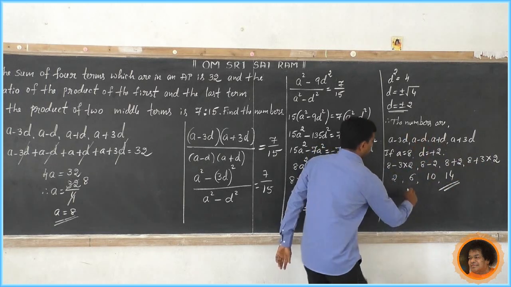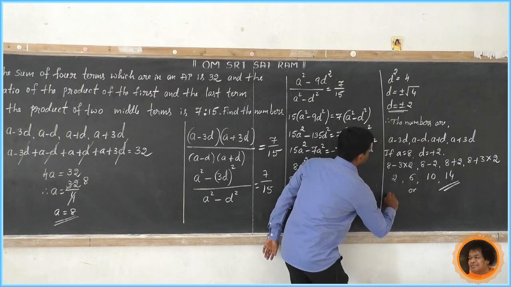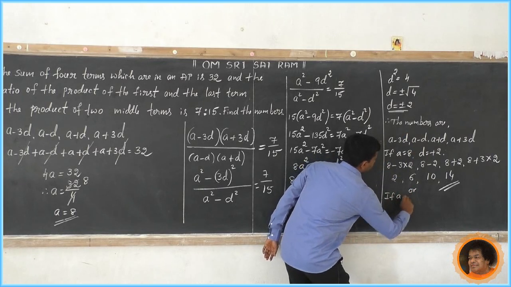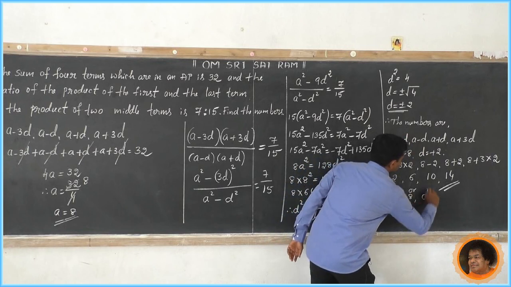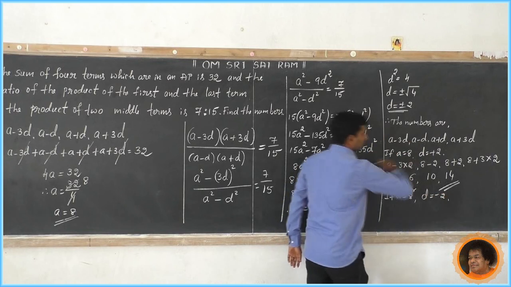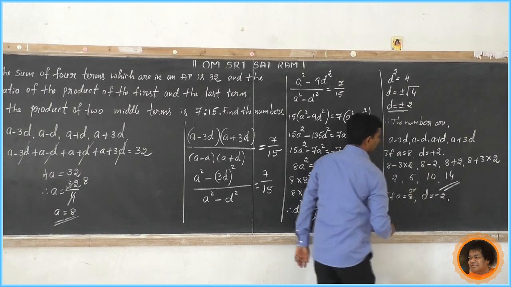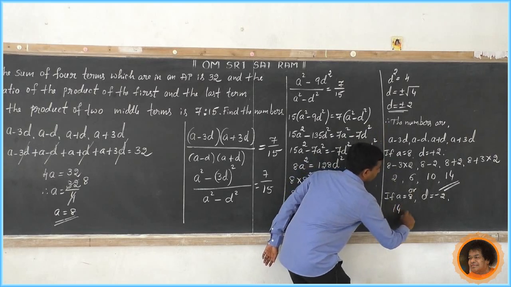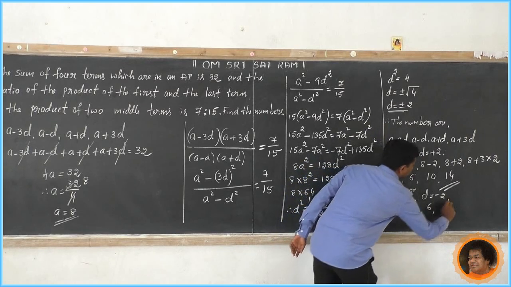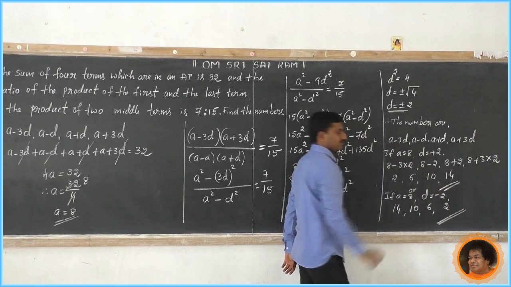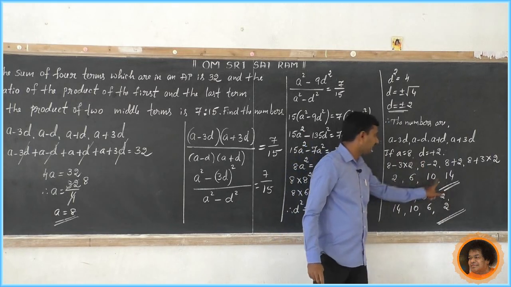Or one more possibility: if a equals 8 and d equals minus 2, when we substitute the values in these terms, we will get 14, 10, 6, 2. So this is the answer: 2, 6, 10, 14 are in AP.